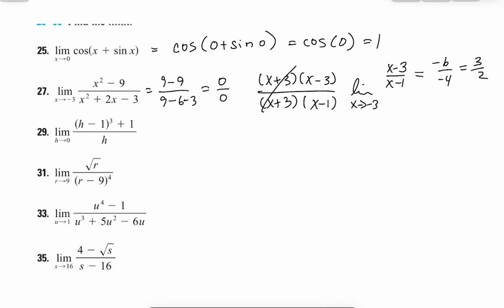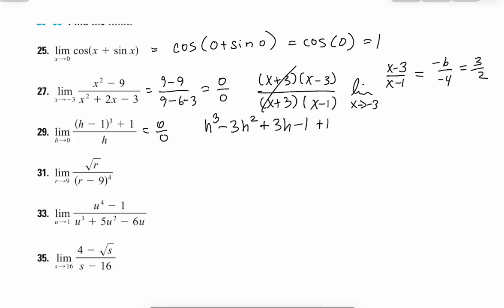Try direct substitution. If you plug in 0, you get 0 over 0. There's a hole in the graph. Let's plug the hole. Let's figure out where that hole is. So if you cube that, I'm going to give you just the solution right now. H minus 1 cubed is h cubed minus 3h squared plus 3h minus 1.